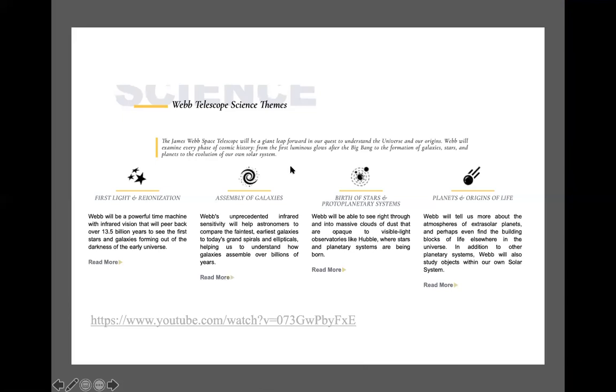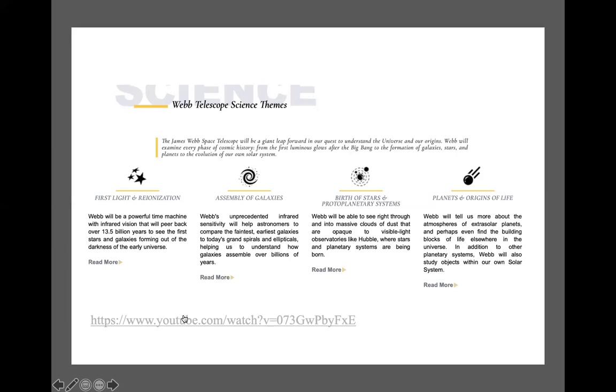Right? So here are the major science themes of the James Webb telescope, and you can see that scientists have placed a lot of faith and hope on the James Webb telescope to make discoveries that we haven't been making up to now.